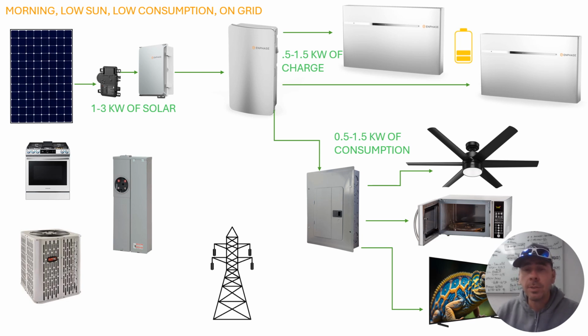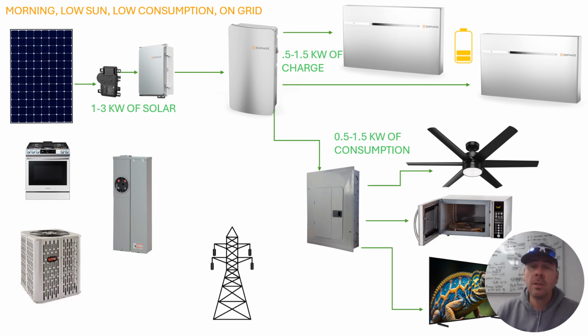Additionally, it can send power to some of the backup loads, and the backup loads would get priority in most cases. The power would be going from the solar to offset the power being used by your appliances inside the house that are on the backup panel, and anything extra would be going into the batteries. This is the case for most types of systems, and the grid would not really be a part of this.